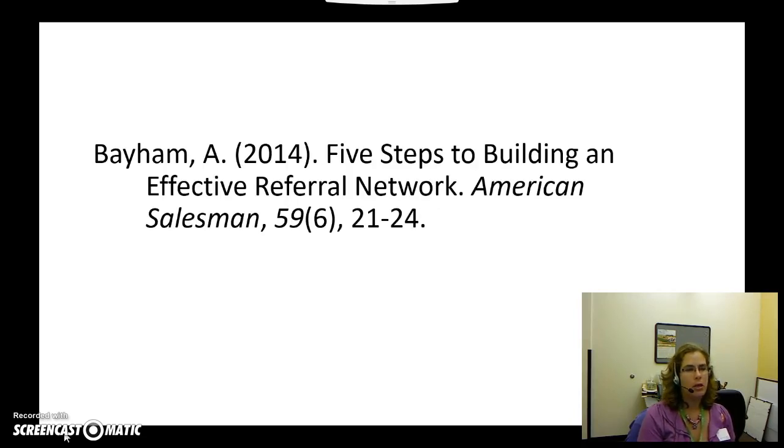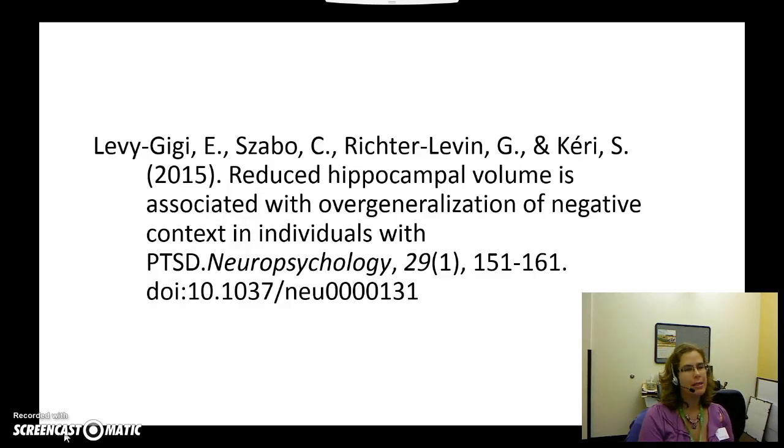The next one you can maybe see from the name of the publication, American Salesman. This is a really nice example of a citation for a trade article. And the title of the article as well, Building an Effective Referral Network, really tells you that this is geared toward people who are working in the field of sales. And then last but not least, we have our scholarly citation. There are 4 different authors listed.